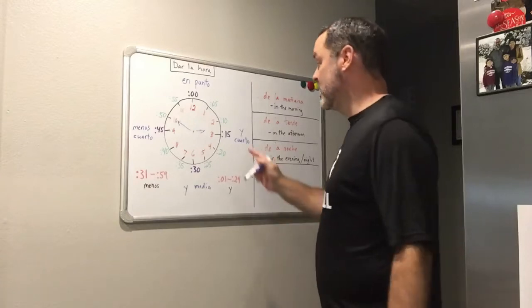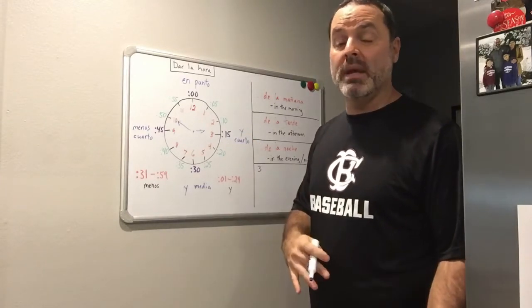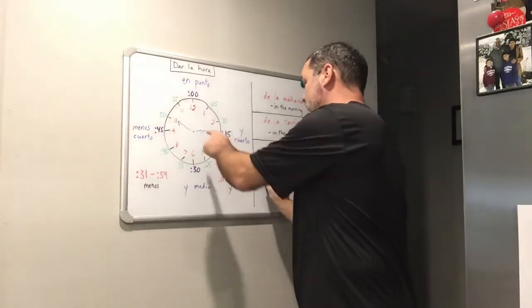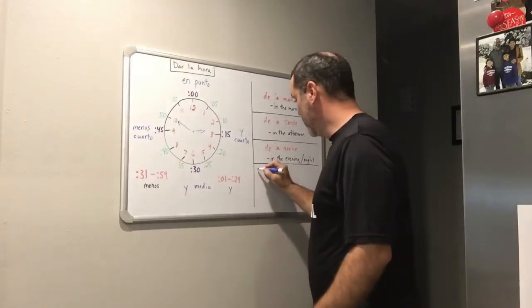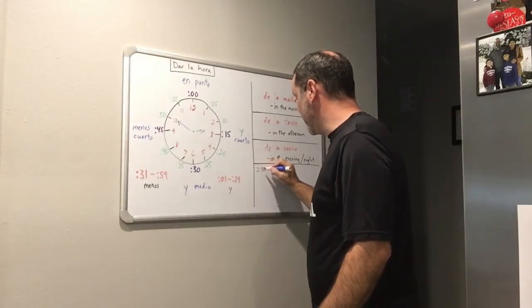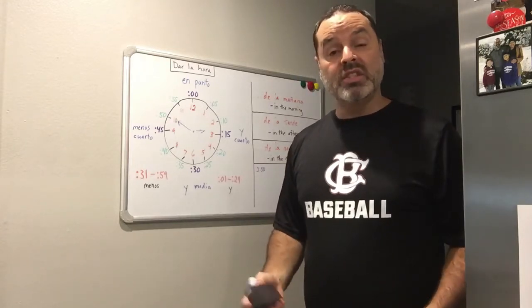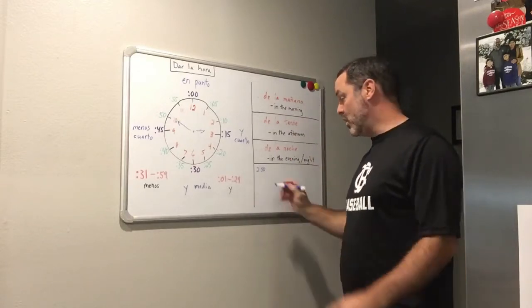And let's say this is in the morning, right? So this is in between midnight and noon. So this is when you're sleeping. So the time would be 2:50 in the middle of the night. However, it's early morning. So we would still use de la mañana, okay?